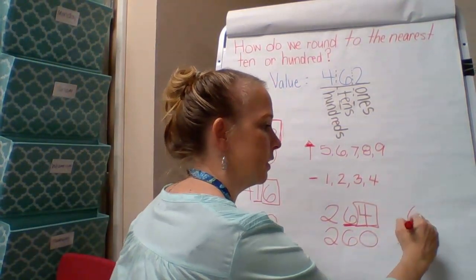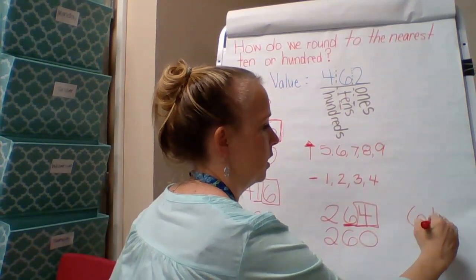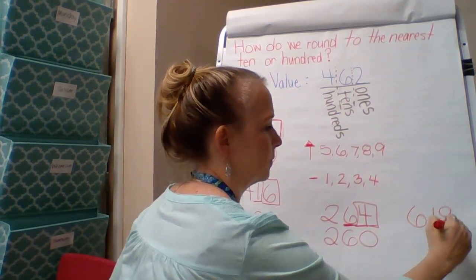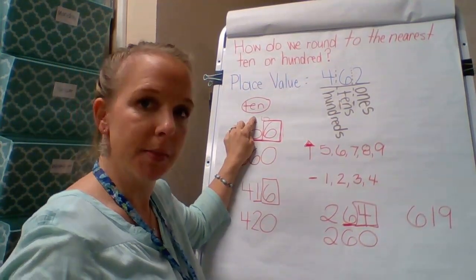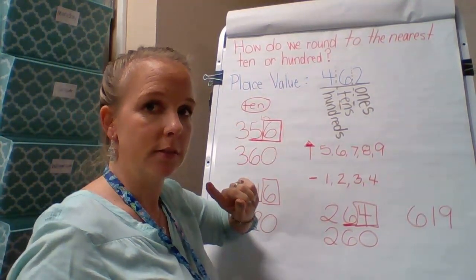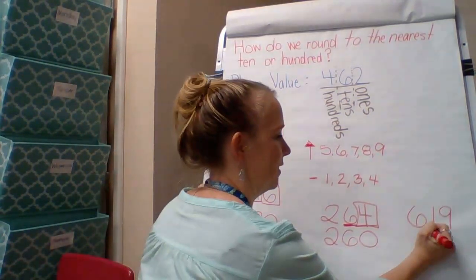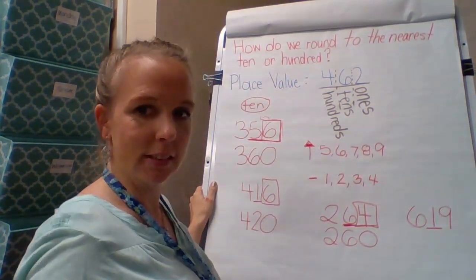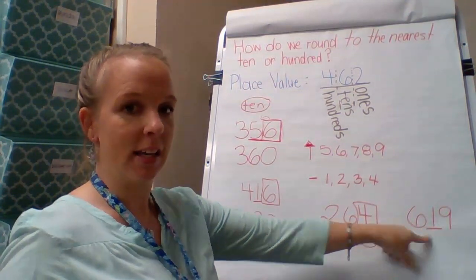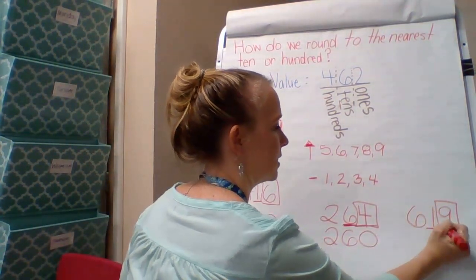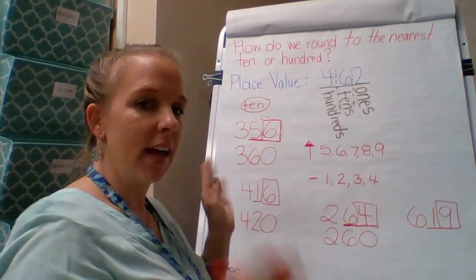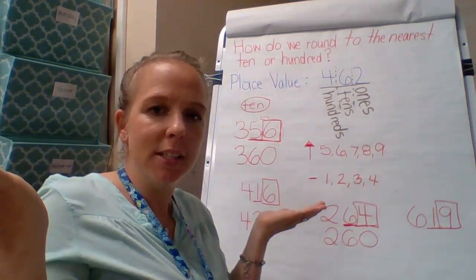If I have 619, and I want to round to the nearest tens, what is my first step? Step number 1, underline your tens place. Okay, I have a 1 in the tens place. Step number 2, walk over to your neighbor, box that number, and say, hey, number 9, what am I supposed to do?